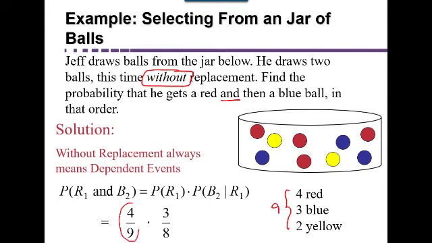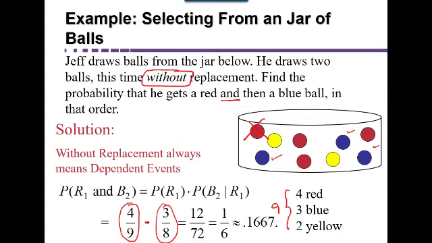All right, so the probability of drawing a red on the first draw is going to be, we have 4 reds out of a total of 9 balls altogether. So that's where we get the 4/9 from. But once you've drawn that red ball, then how many blue balls are there and how many balls are left total? There are 1, 2, 3 blues out of 8 altogether. So that's where the 3/8 comes from.